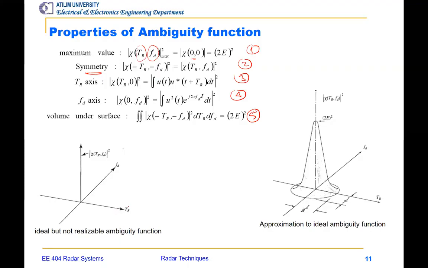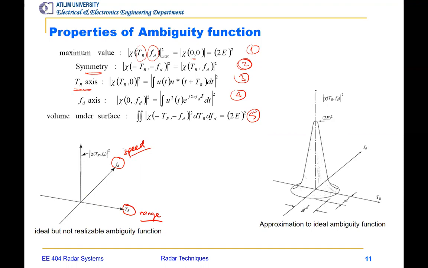So here it's illustrated. This is the range, so time, and Doppler axis. So let's say speed and range, because Doppler shift corresponds to the speed of the target, and TR, the round trip delay, simply corresponds to range. So on both of these axes, it's symmetrical. Equation 2 says it's symmetrical.